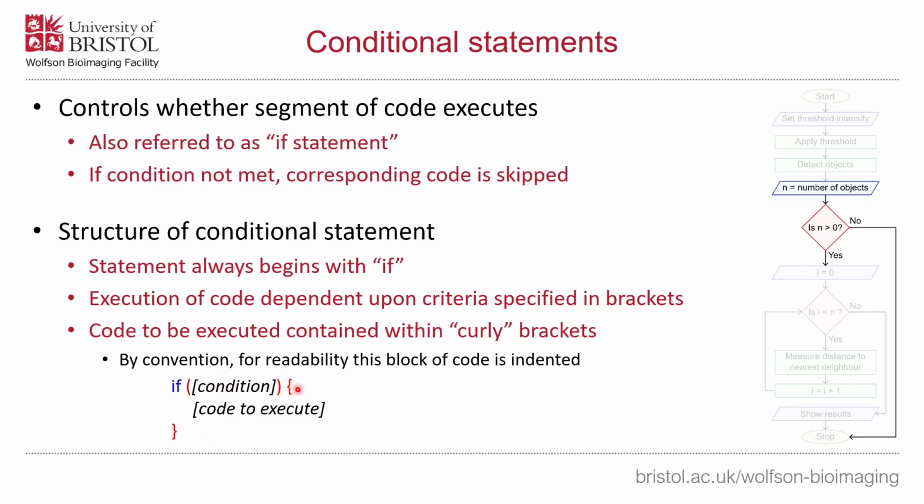Then we have those same curly braces, and if this condition is met, then everything inside those curly braces, so between here and here, all of this code is going to be executed. If, however, this condition isn't met, it skips on to this one straight away and ignores this bit of code. So in this context here, the code that would go here would be all those measurement steps, measuring distances, nearest neighbor distances, and so on.